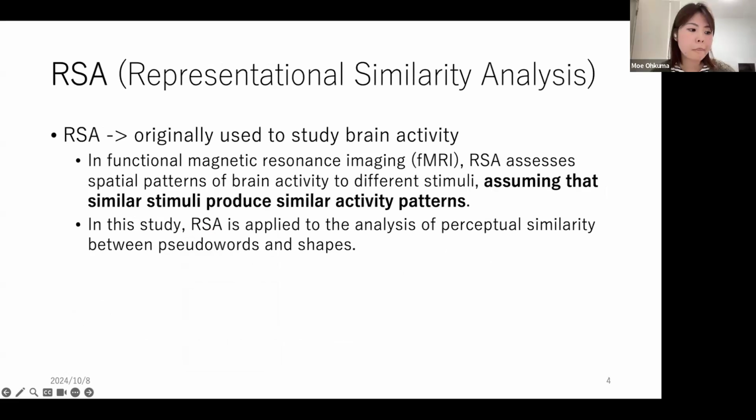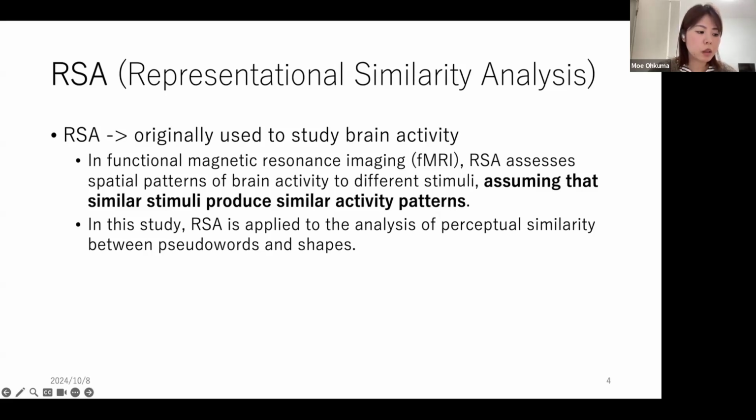RSA was originally used to study brain activity. In functional magnetic resonance imaging, fMRI, RSA assesses spatial patterns of brain activity to different stimuli, assuming that similar stimuli produce similar activity patterns.